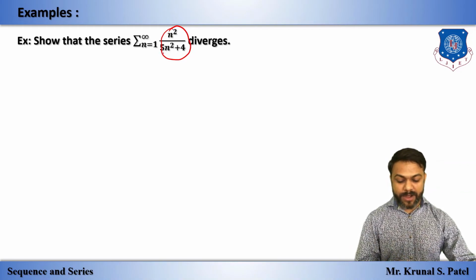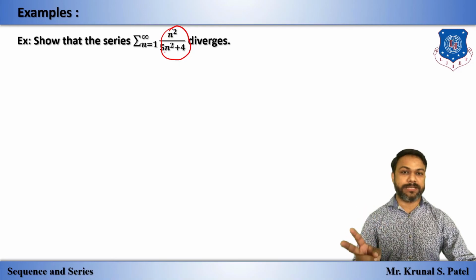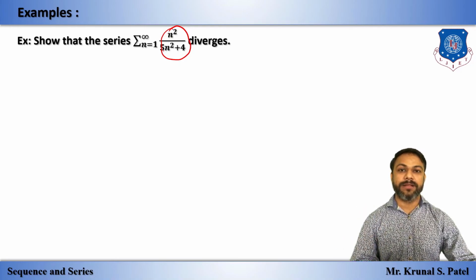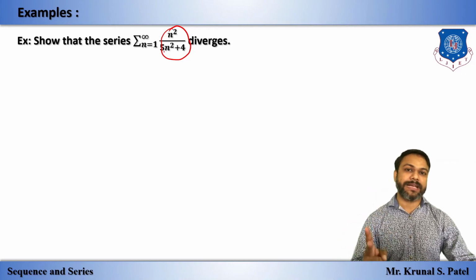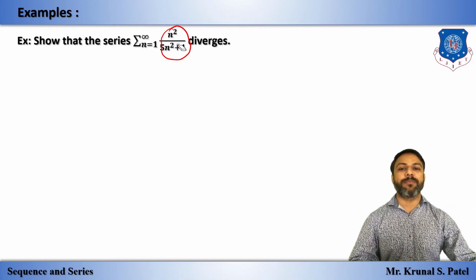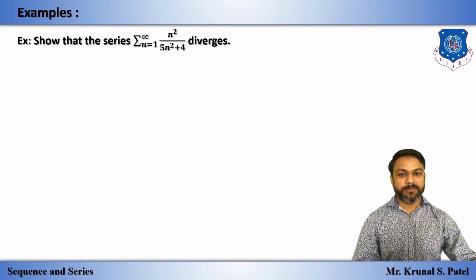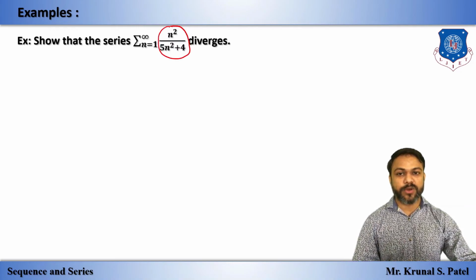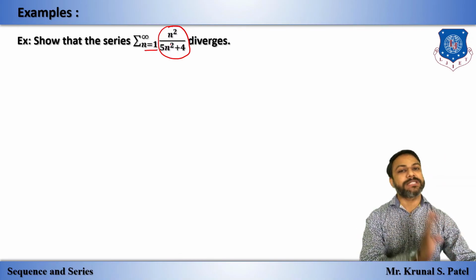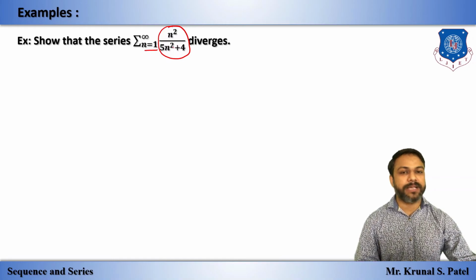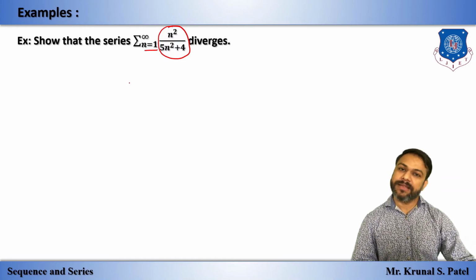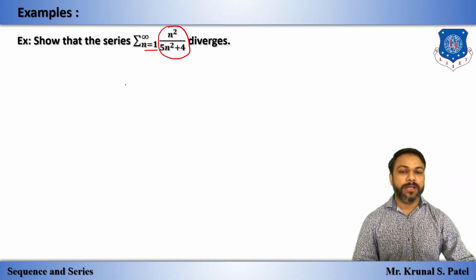Till now we have only two tests: one is the sum of the first n terms, that was the partial sum, and second is the geometric series. Both tests are not applicable, so we will apply the zero test, because you can see this is a positive term series. By putting n equal to 1 onwards, each and every term is positive, so we can apply the zero test.